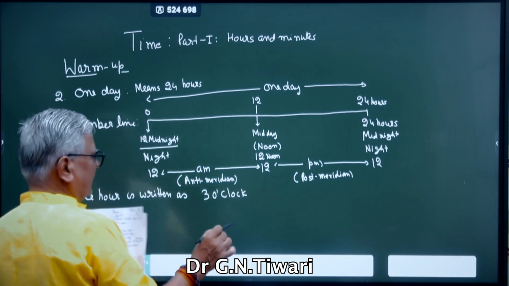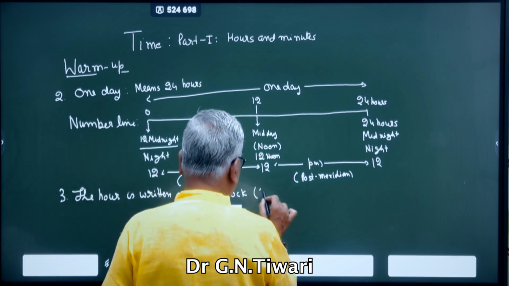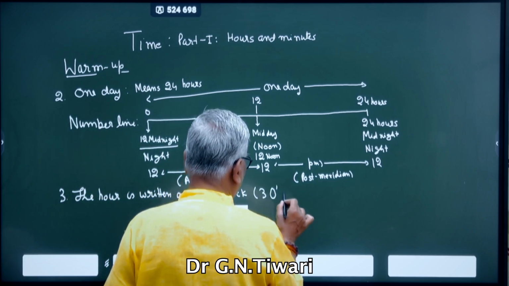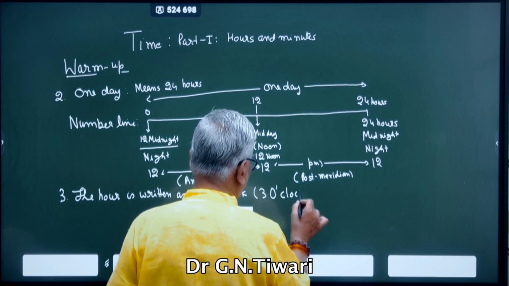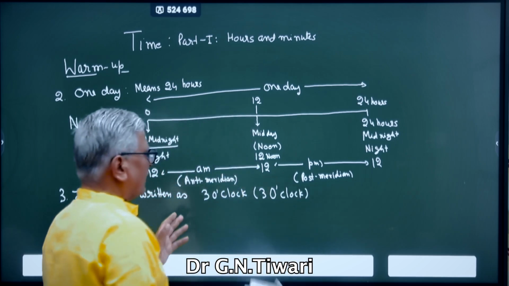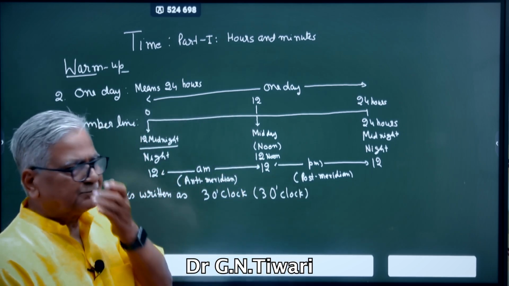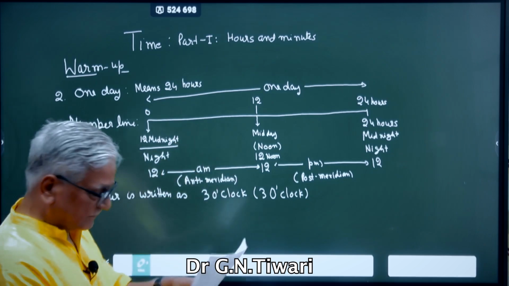Generally this is the one way. Sometimes 3 with a capital O'clock. It is up to you to use it. There is no mistake. And it is worded as 3 o'clock, 4 o'clock, 5 o'clock.